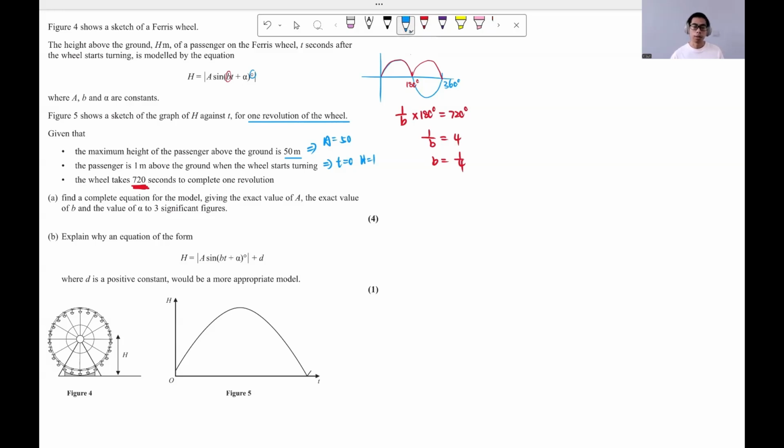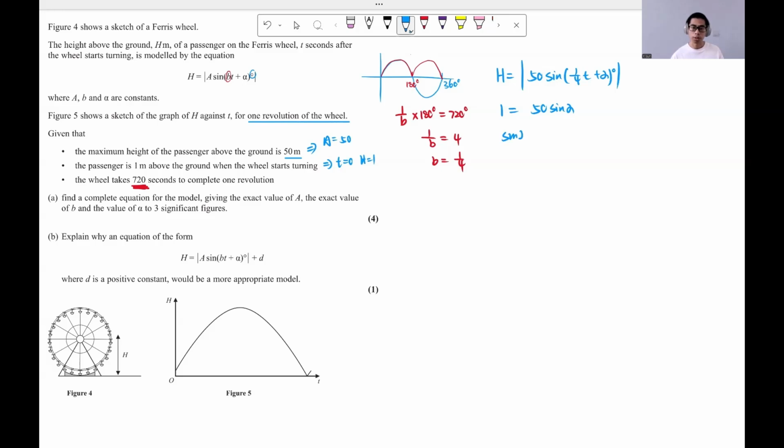So now we know h is equal to the modulus of 50 sin(1/4 t + alpha) degrees. Substituting the condition that when t equals 0, h equals 1: 1 is equal to 50 sin alpha, because t is equal to 0.